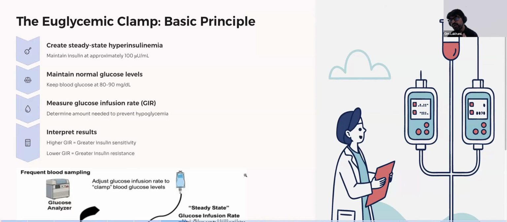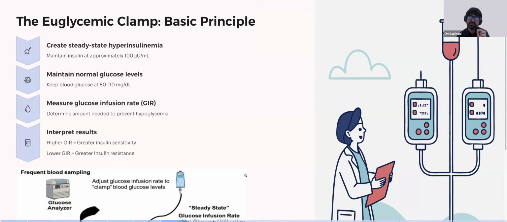But if you require less glucose to maintain the steady level, that means the cells are more insulin resistant. Get my point? So higher glucose infusion rate means greater insulin sensitivity. Lower glucose infusion rate means greater insulin resistance. I hope this concept is clear.